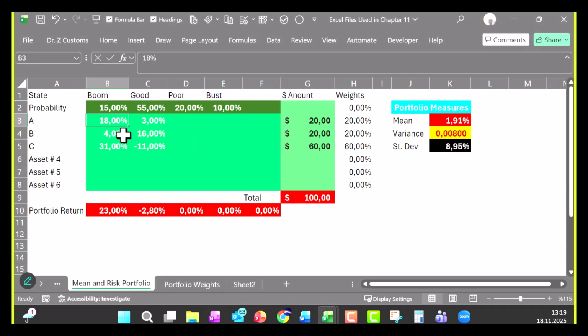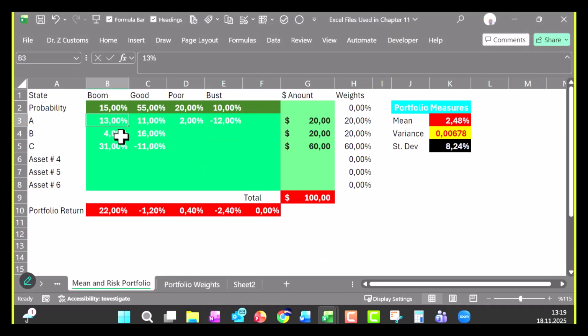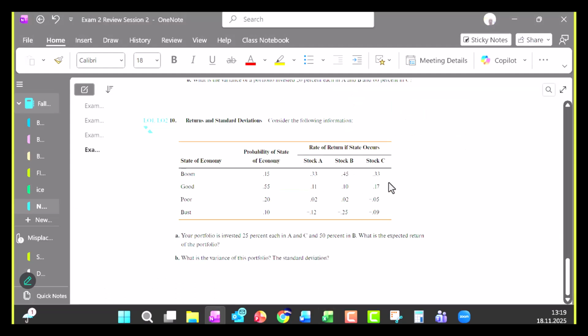So for stock B, 45, 10, 2, negative 25. Oops. And for stock C, 33, 17, negative 5, negative 9.